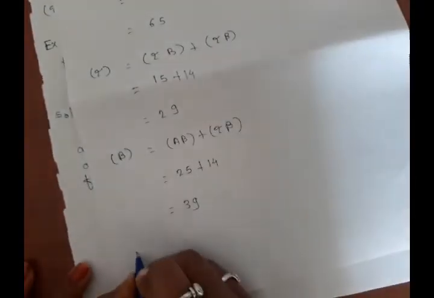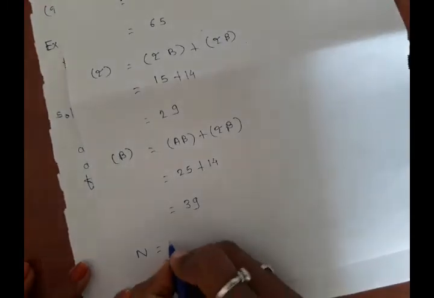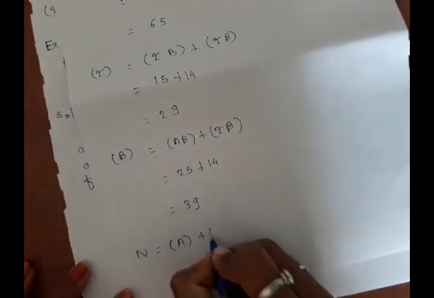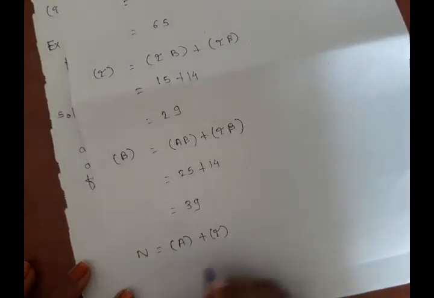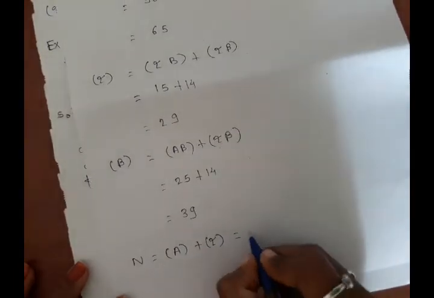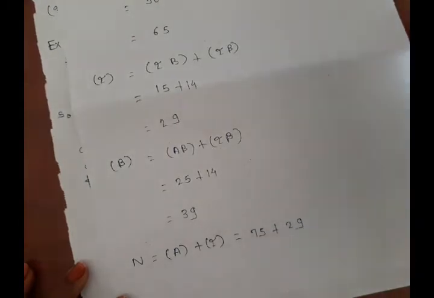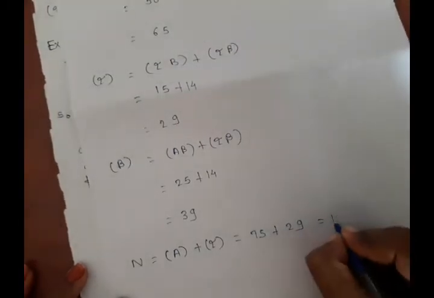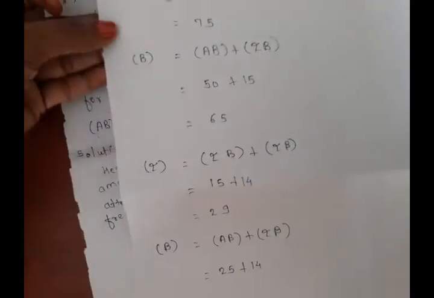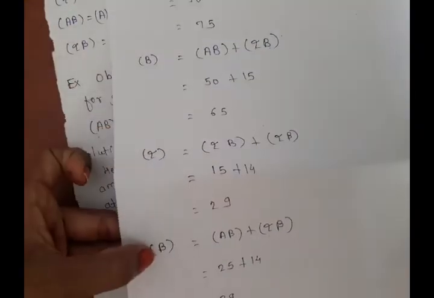And capital N is equal to (A) plus (α). The value of (A) is 75 plus (α) is 29, which is equal to 104. So put (A), (B), (α), (β) and N in this table.